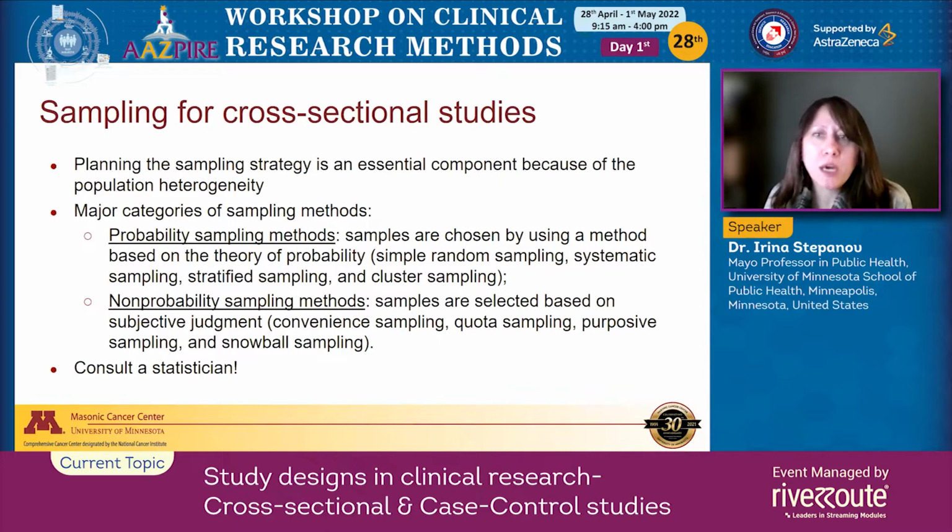Now, a few comments on important factors if you are planning cross-sectional studies. Planning the sampling strategy is a really important component, and this is important because of the heterogeneity of the population.